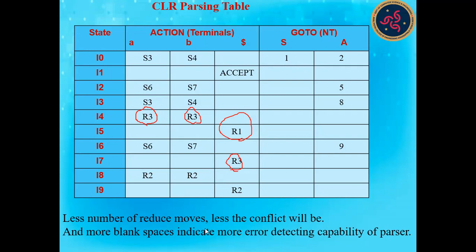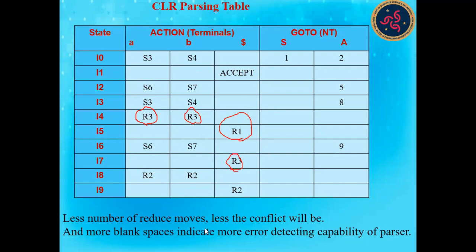Once again, I am repeating that if the number of reduce moves decreases, the number of blank spaces has increased, which means the error detecting capability is increased.